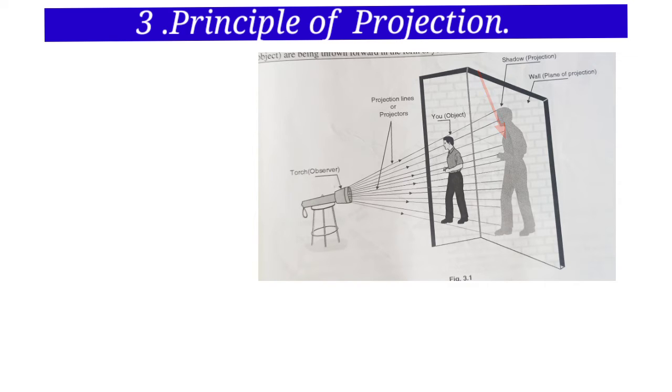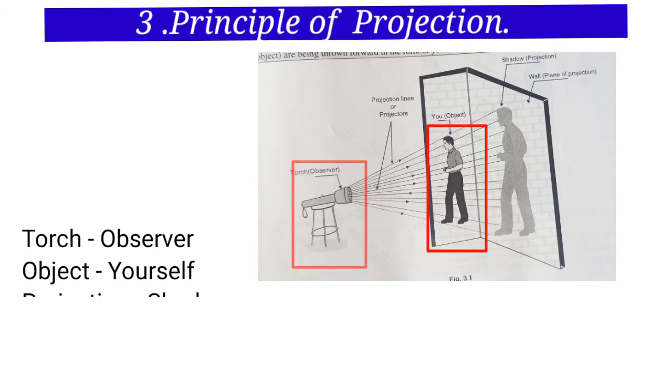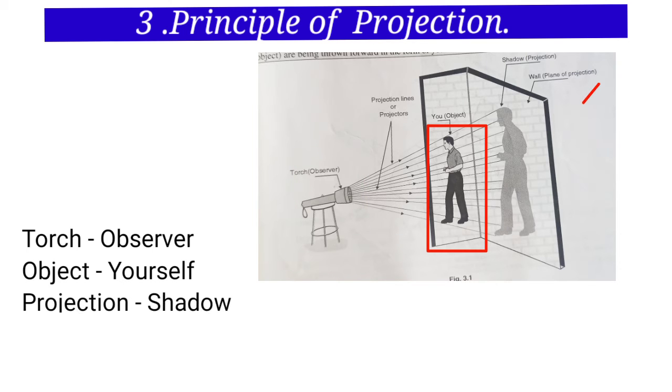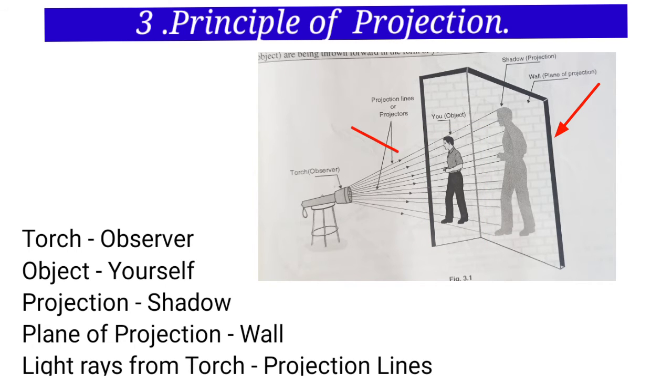In this situation, the torch is an observer, you are an object, and your shadow on the wall is your projection, and the wall will be called a plane of projection. The light rays which pass by touching contours of your body to form the outline of the shadow are called projection lines or projectors.